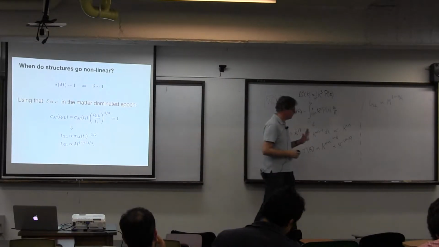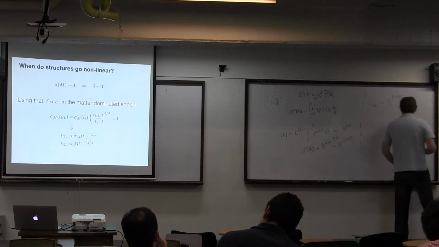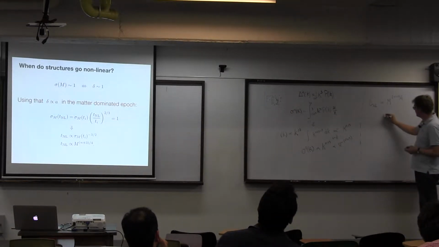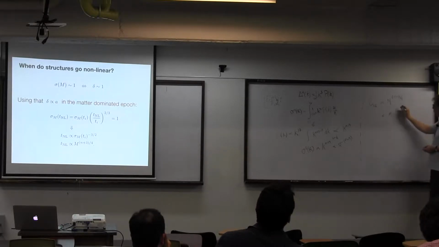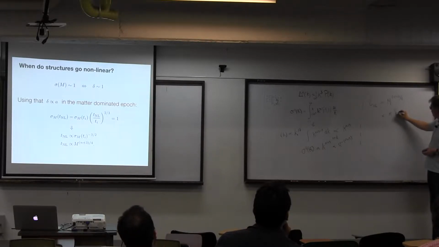But it means that, you know, if you put it in, and if you just write it out, it means that this goes as m to, so that's, say it's 0.5, so it's 0.5 to 4. So 1/8, all right? Yes. So 1.25.